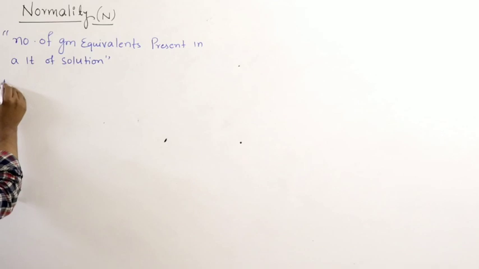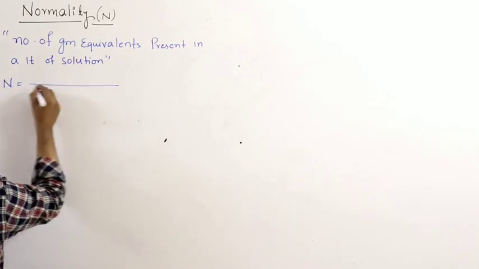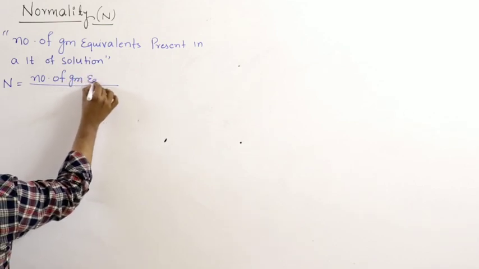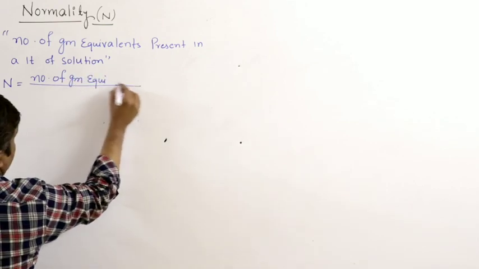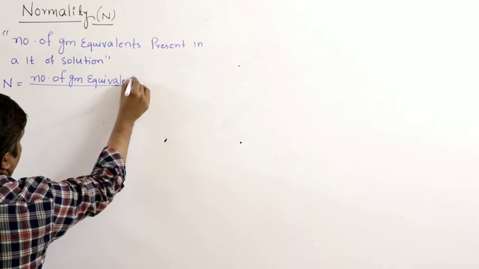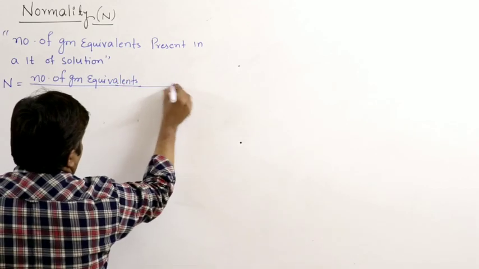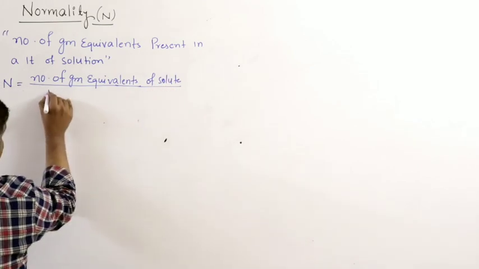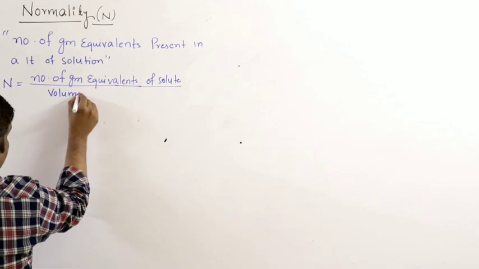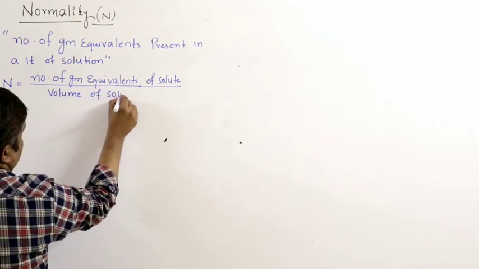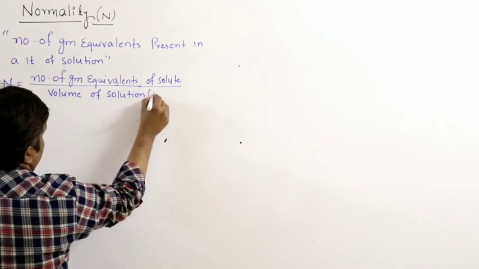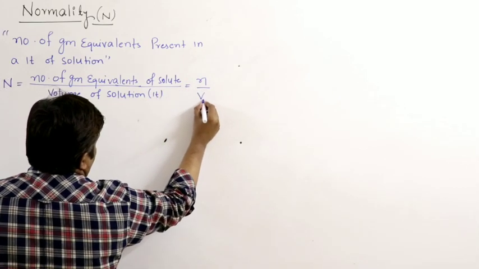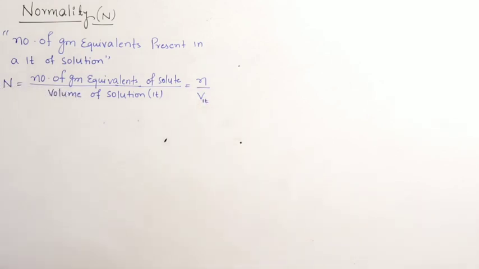So from the definition, what can I write? Simply, normality is number of gram equivalents of solute by volume of solution in liters.